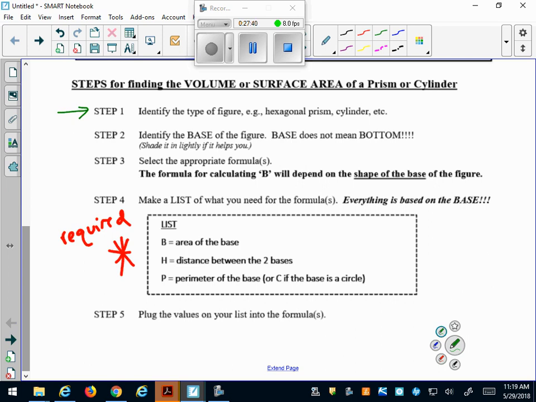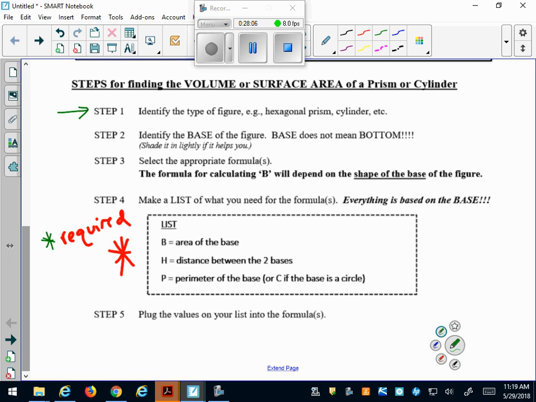You need to identify what shape you're looking at, because everything we do in these formulas relies on the fact that you've identified the right base. Okay, and the prism's named for the base. So I'll show you that in a second as an example. This is a requirement, not a suggestion.